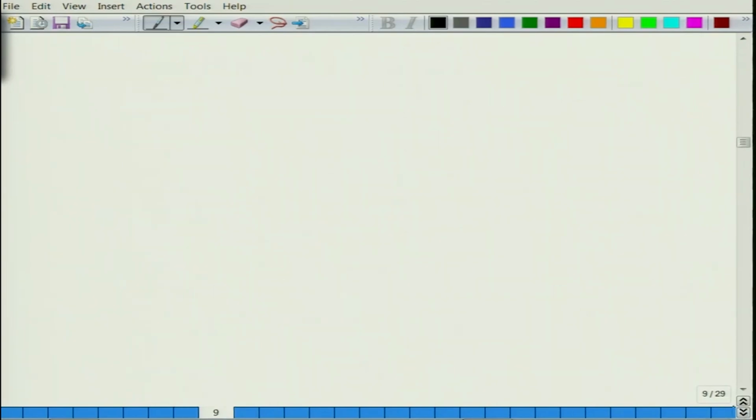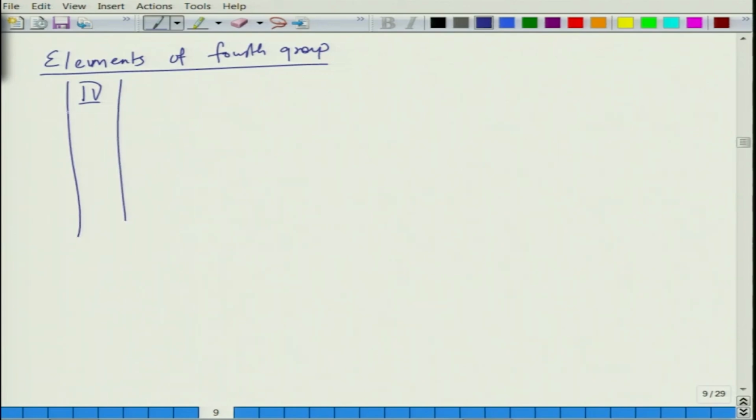Now, if you look at the fourth group elements, in the periodic table column you have carbon with atomic number 6, then silicon which is 14, then germanium which is 32, then tin which is 50, and of course lead below it which is 82.